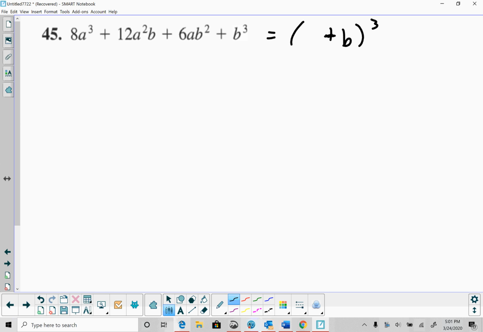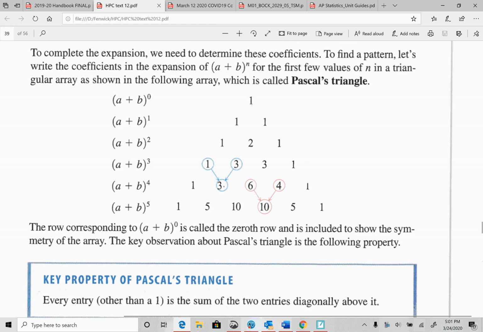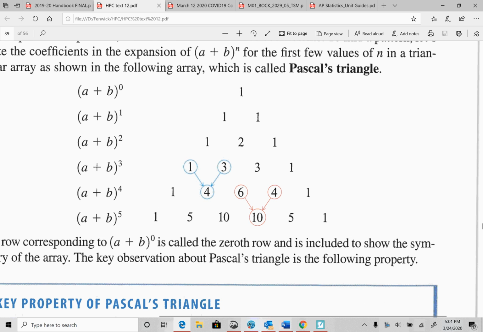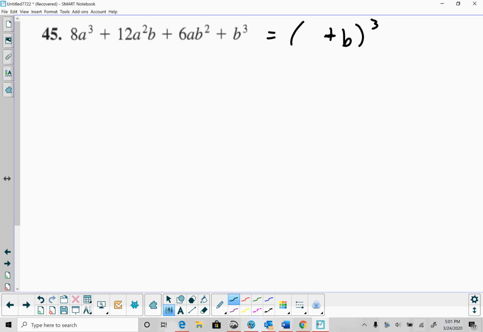But if we're looking for the third row of Pascal's triangle, it should be 1, 3, 3, 1. And here we have 8, 12, 6, 1. So it should be 1, 3, 3, 1. But this is 1 times 8. This is 3 times 4.